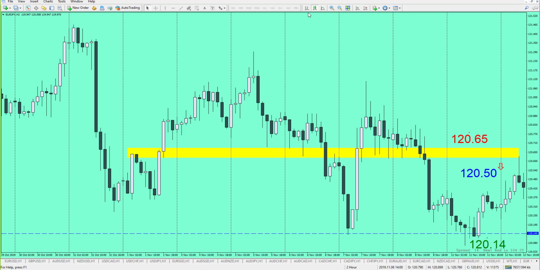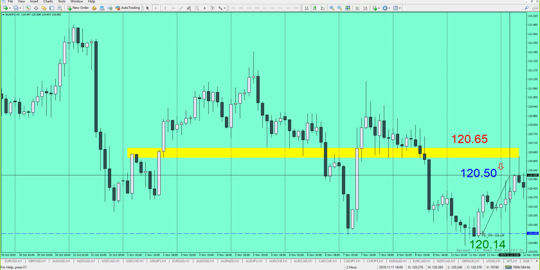me in. Now the advantage, of course, of getting in at 50 is that now my risk is reduced to 15 pips. So by selling at 50 up here, right there, and putting my stop loss at 65, I've got 15 pips of risk to make my 14.